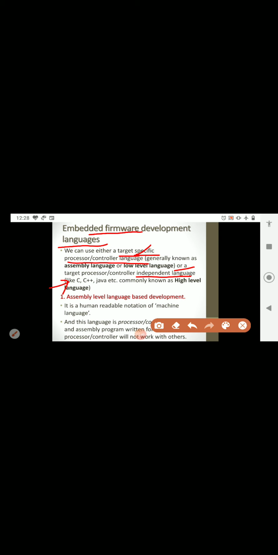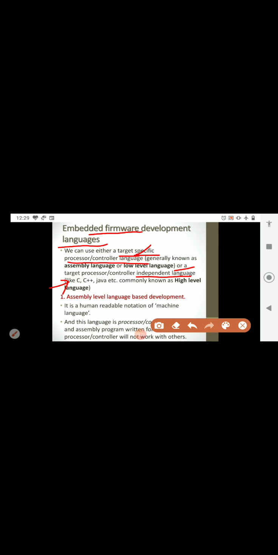Whatever programs we write in part B are the C programs, the .c codes. So you can use a high level language like C, C++, or Java for developing embedded firmware, or you can use the assembly level language.